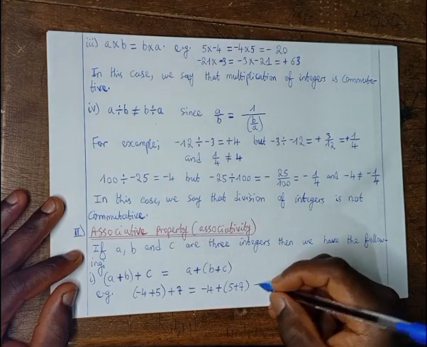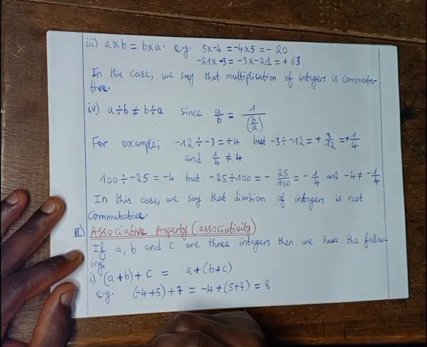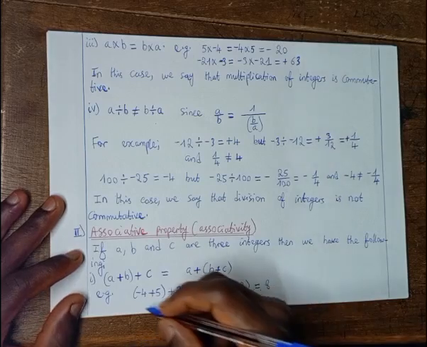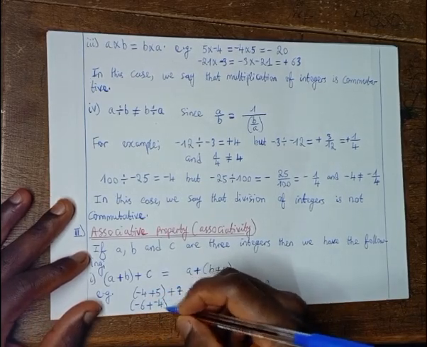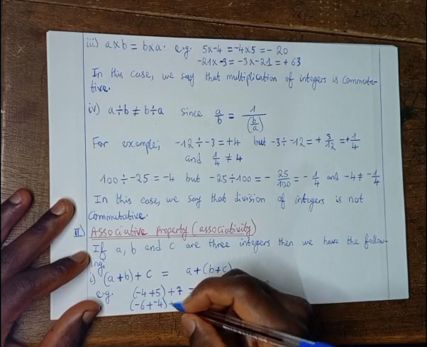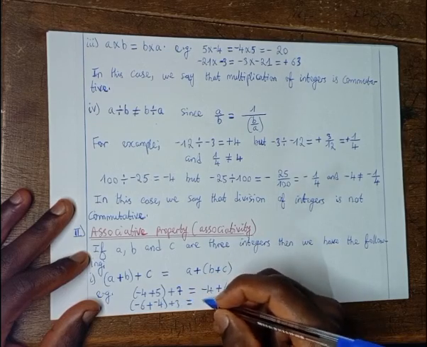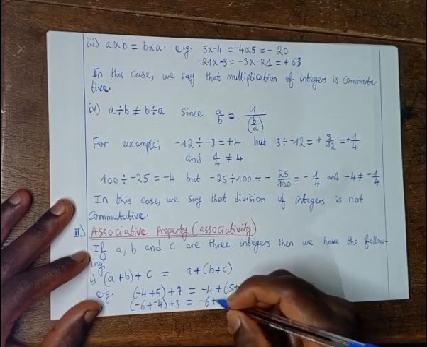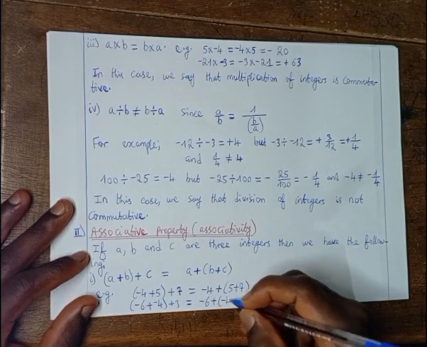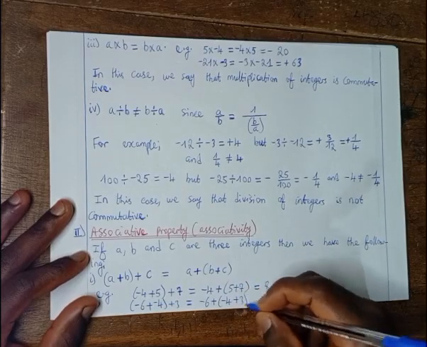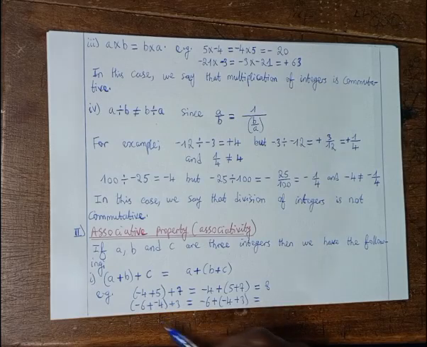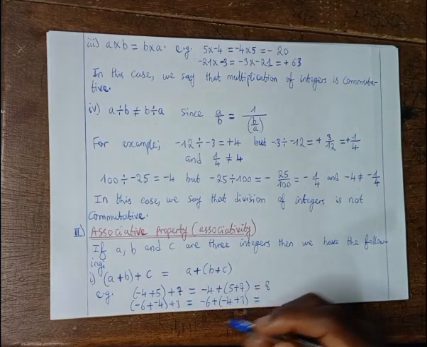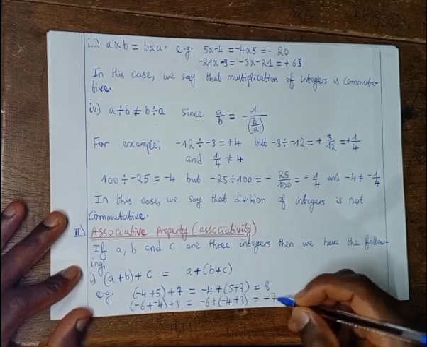Negative 4 plus 12 gives us 8. The results are the same. The same if we take this other example, negative 6 plus negative 4 plus 3. The result will be the same as negative 6 plus the sum of negative 4 plus 3. We know negative 6 plus negative 4 gives us negative 10. Negative 10 plus 3 will simply give us negative 7.